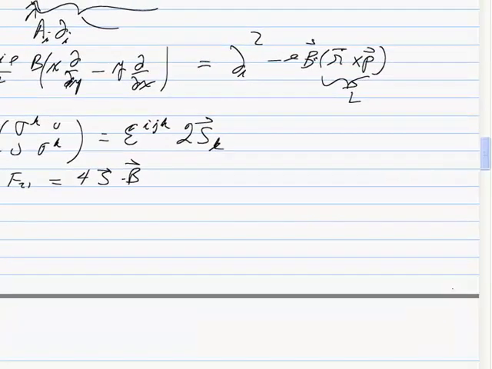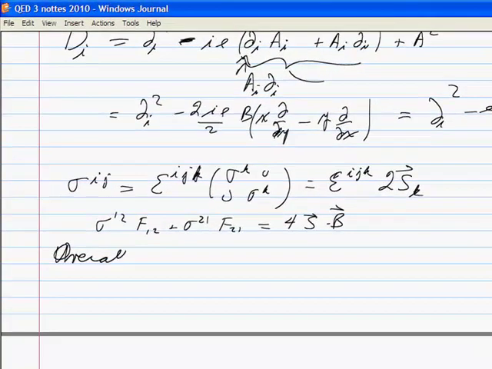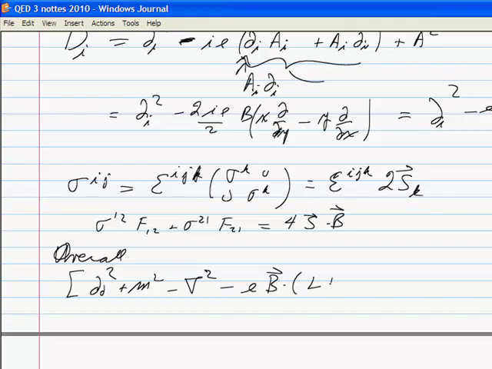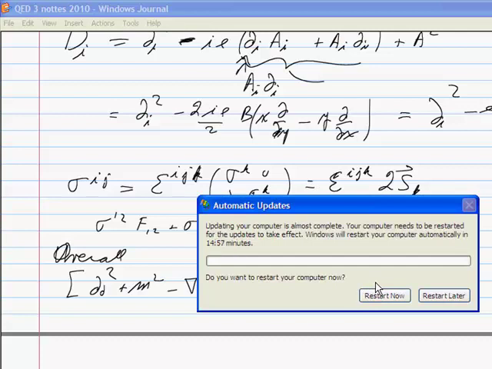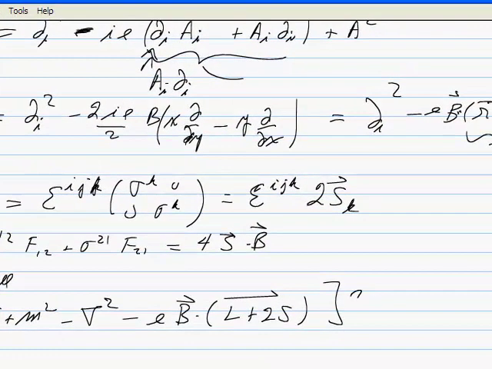And overall, this calculation that we've gone through, we get d0 squared plus m squared minus del squared minus eB dot L plus 2f dot sigma vector on psi is equal to 0.